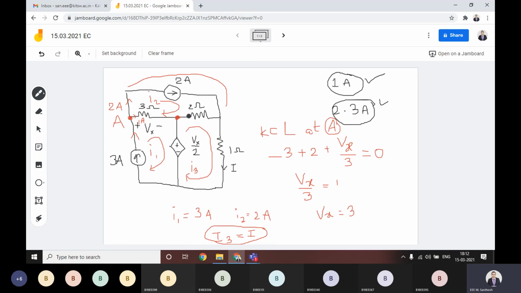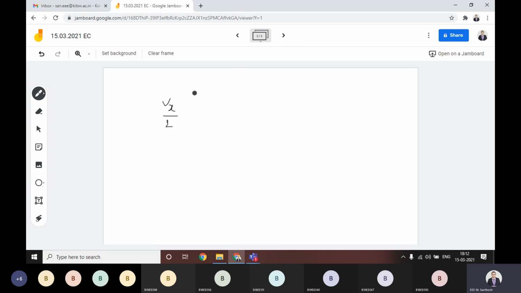Then this value is minus 2 into, since we are writing the third loop, I3 will be greater and I2 will be lesser, so you get minus 2 into (I3 minus I2).